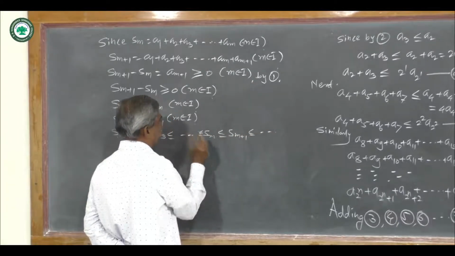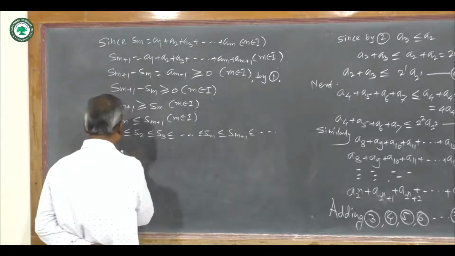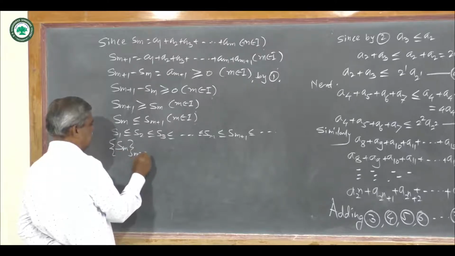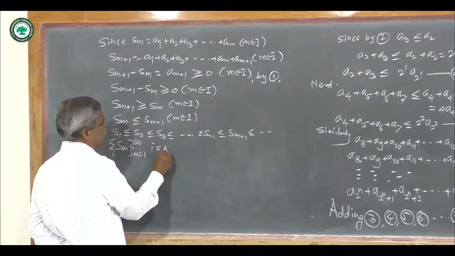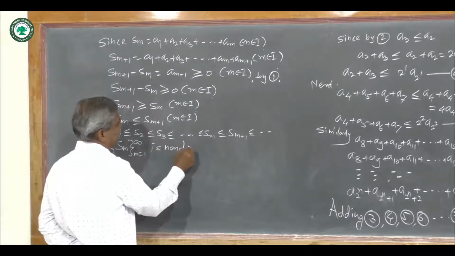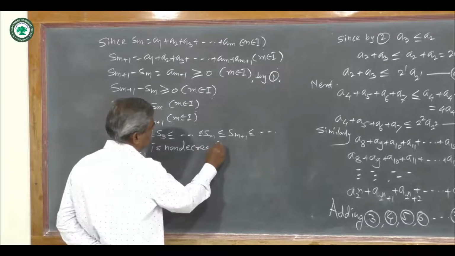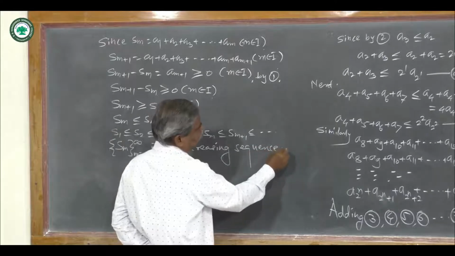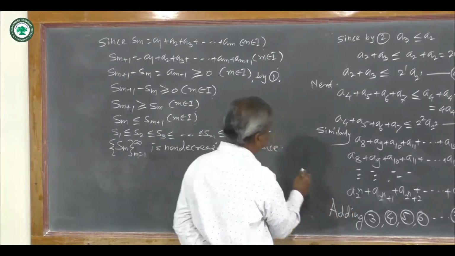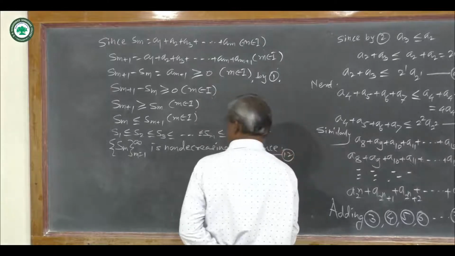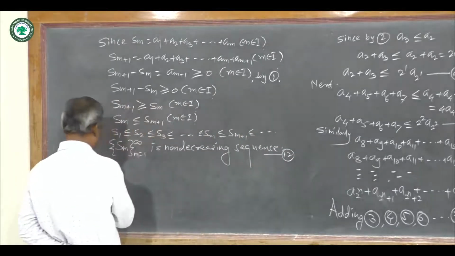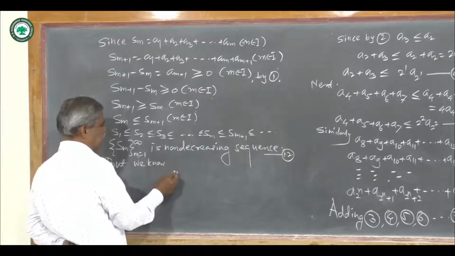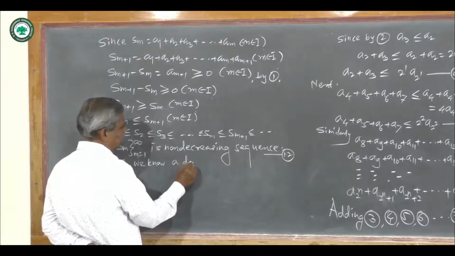Therefore, the sequence S_m, m equal to 1 to infinity, is a non-decreasing sequence. This is relation number 12.